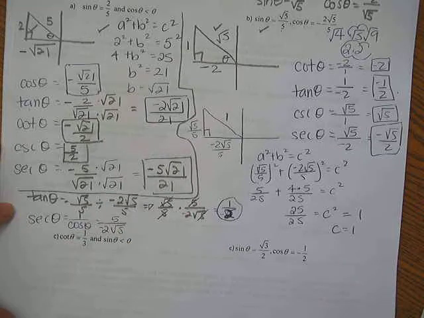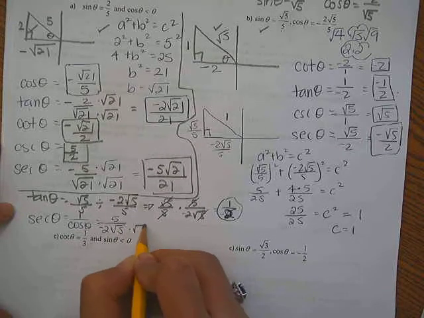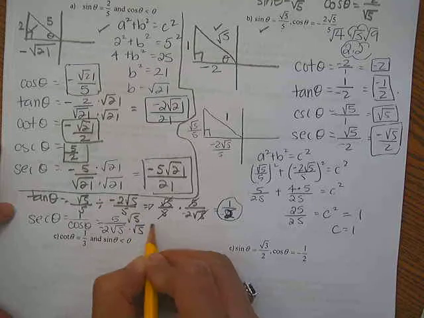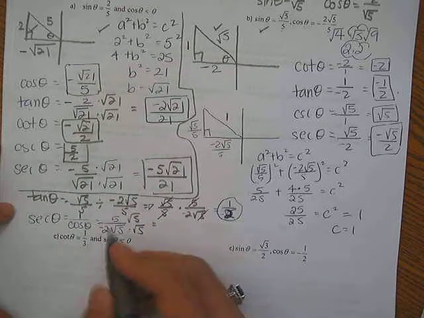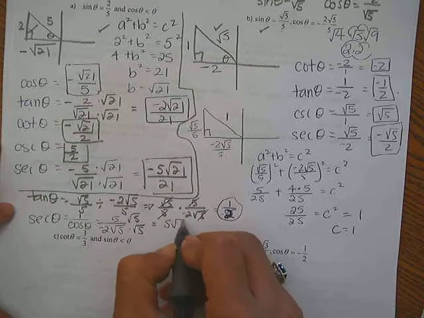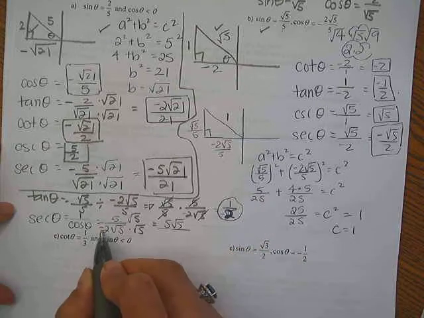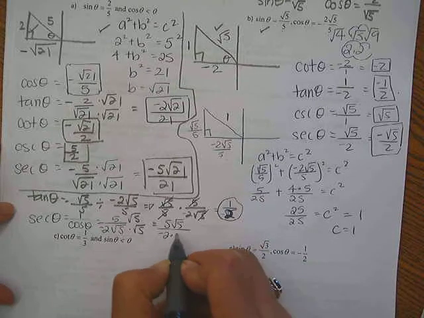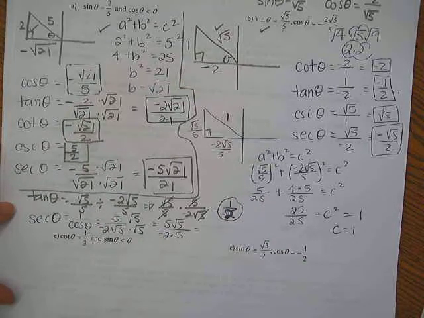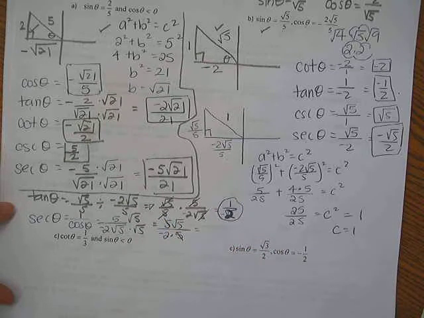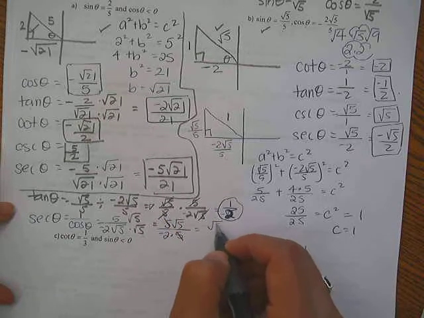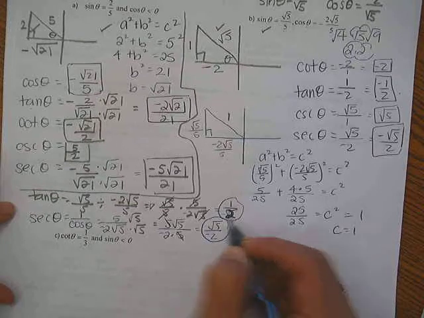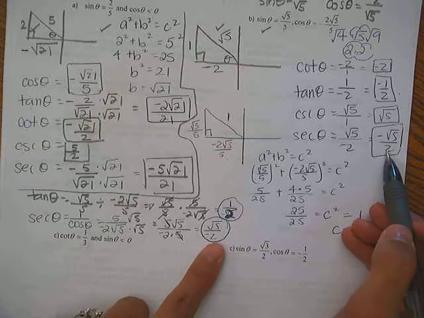What if I rationalize that? Here we go, rationalization. That's fun. On the top, I have 5 rad 5. On the bottom, I have negative 2 times 5. Would you agree that this 5 and that 5 would cancel? So I'm going to end up with rad 5 over negative 2, which is the same as this answer.